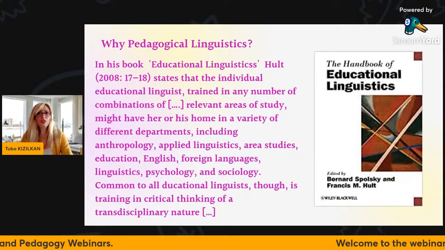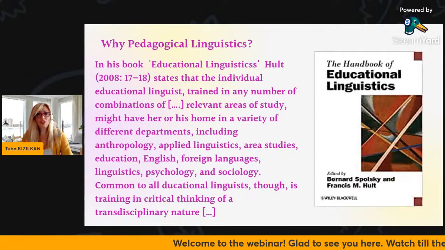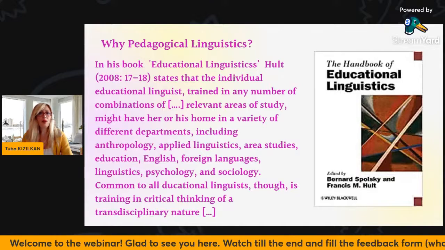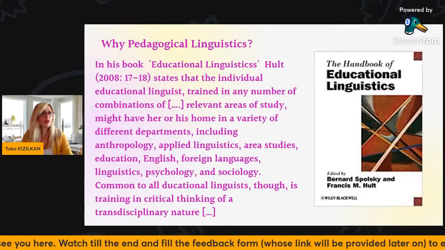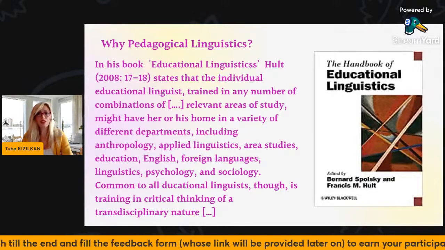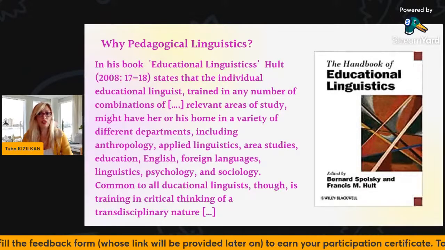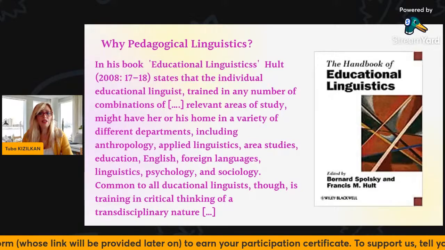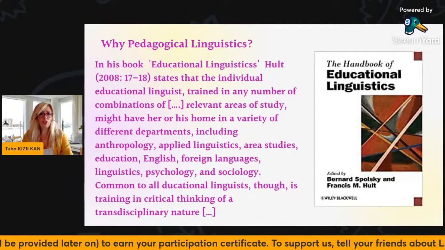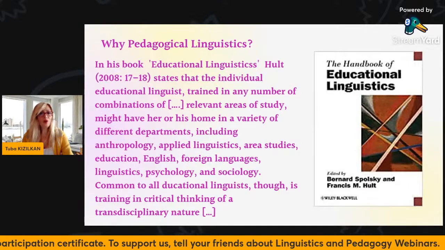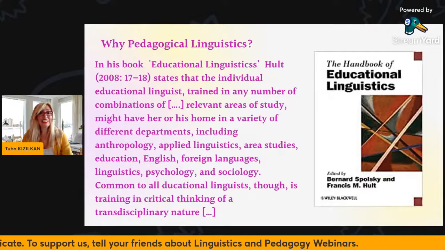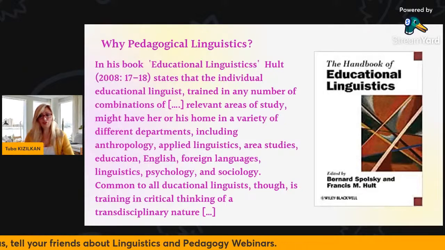So, in his book, Educational Linguistics, Holt states that the individual educational linguist, trained in any number of combinations of relevant areas of study, might have her or his home in a variety of different departments, including anthropology, applied linguistics, area studies, education, English, foreign languages, linguistics, psychology, and sociology. So, common to all educational linguists, though, is training in a critical thinking of a transdisciplinary nature.